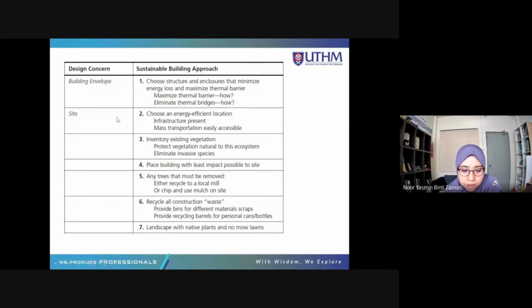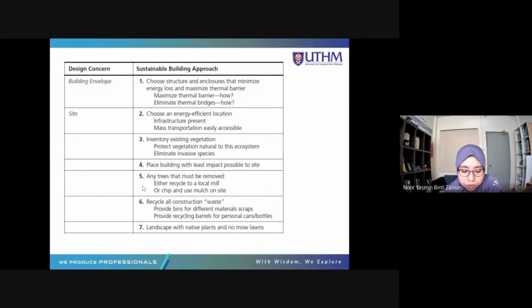Inside, we can actually have many sustainable building approaches. For example, we can choose an energy efficient location, inventory existing vegetation, place the building with the least possible impact to the site. Any trees that must be removed are either recycled to a local mill or chipped, or can be used as mulch on site.